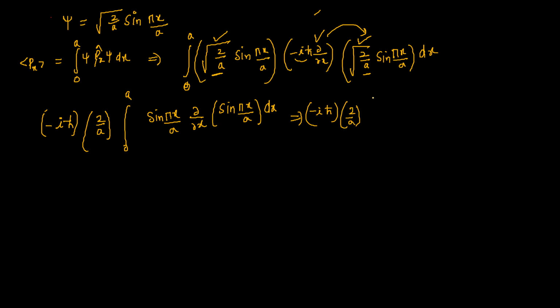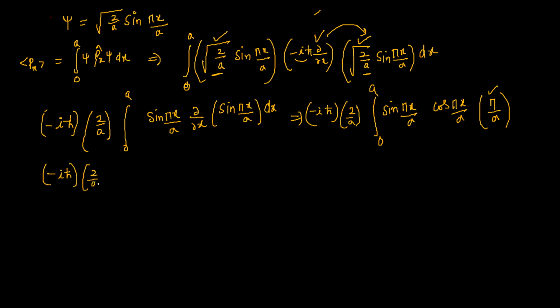So it is cos pi x over a. Again, differentiation of the angle will be pi over a. Okay, so again it is constant, so I will write it out of the integration sign. So we have sine pi x over a cos pi x over a.